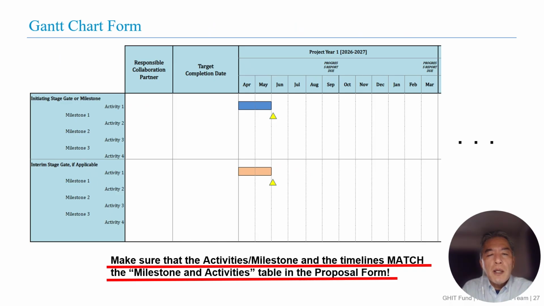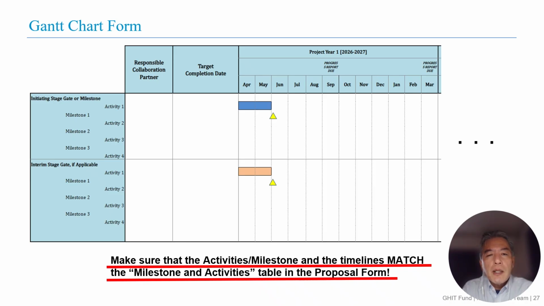This would be a good time to look at the Gantt chart form, which is submitted as an Excel file. This form is used to show the timeline of your project activities and milestones. It must match exactly with the milestones and activity table in your proposal form.